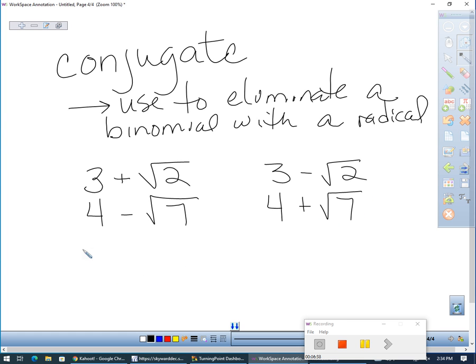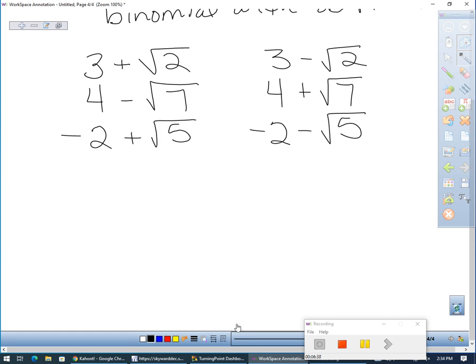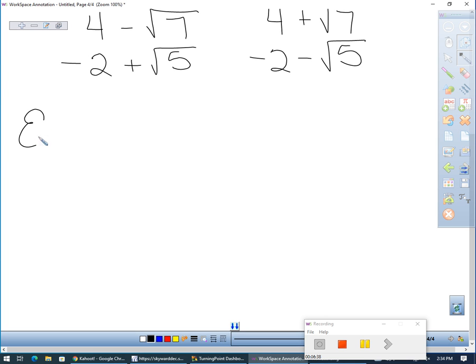If I had, how about negative 2 plus the square root of 5, the conjugate would be negative 2 minus the square root of 5. All right, so to get rid of it in the denominator, we have to multiply it by the conjugate. And whatever we do to the bottom, we're going to have to do to the top. Of course.